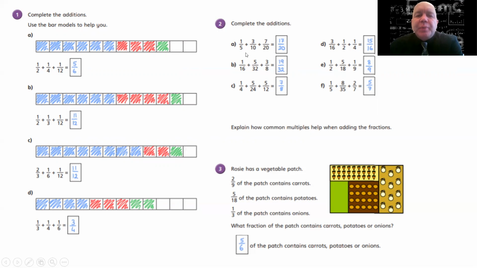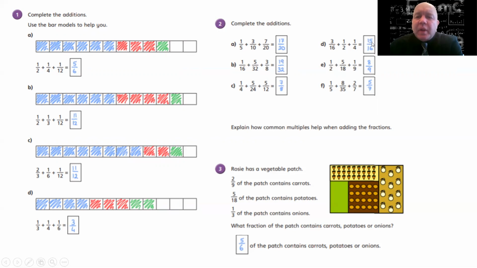Okay, number 2. If we turn them into 20ths, we'll get 17 over 20. B, turn them into 32nds, or thirty-seconds, and we get 19 over 32. The C, we're going to turn them into over 24, and that will give you 21 over 24, which simplifies down to 7/8.